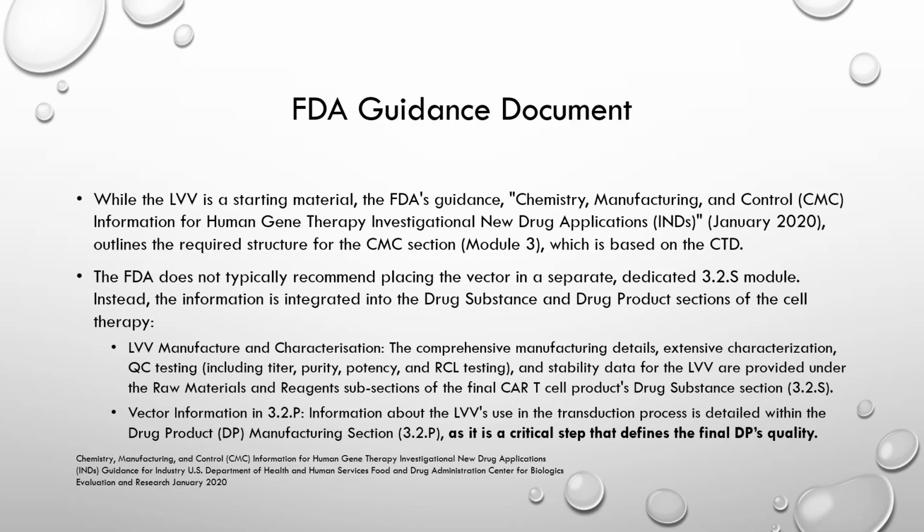So that might be it, because your drug product will consist of your active substance plus any components, for example, any diluents or cryopreservatives. But the active substance is the genetically modified cells, and the genetically modified cells have been genetically modified by critical starting materials, which are the lentiviral vectors.